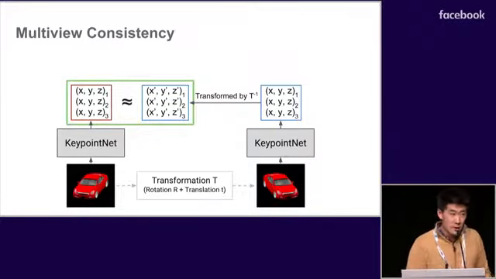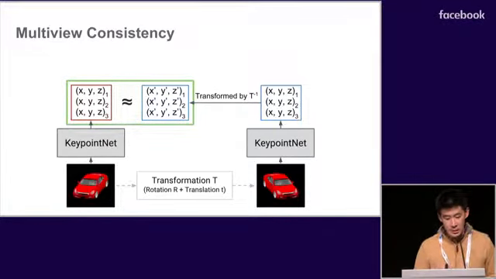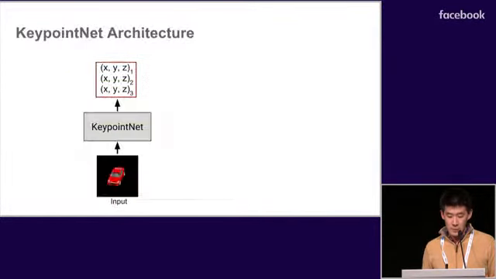Now, let's think about architecture a little bit. Ideally, the goal of key point is to have a complete 3D transformation equivariance, but we haven't figured out how to achieve that with our neural net architecture, or whether that's possible at all. However, what we can easily achieve is 2D translational equivariance. In other words, if the car moves to the right by 1 pixel, the key point coordinate should also change by 1 unit.